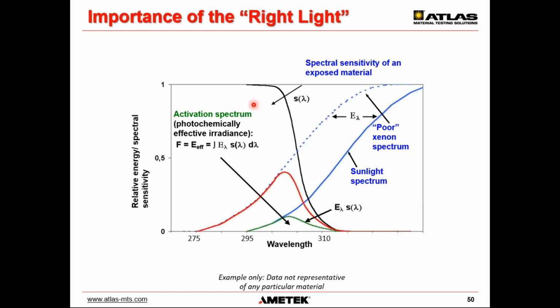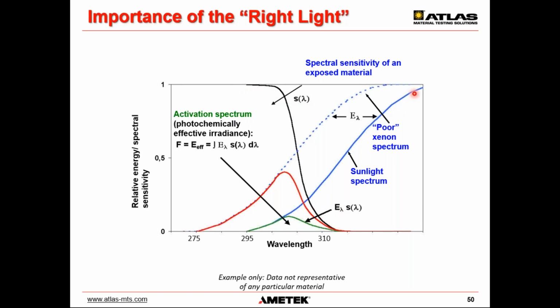Now, if you look at spectral sensitivity in a very simplistic form, wavelength is on the x-axis here, and as the wavelength decreases, a material's spectral sensitivity increases. Okay, and it's shown, for example, for this specific material in this black curve.